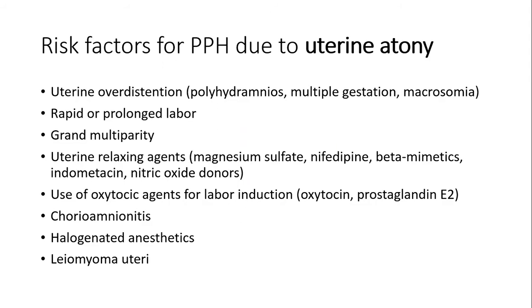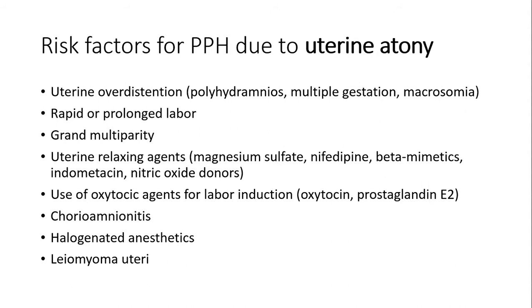What are the risk factors of postpartum hemorrhage due to uterine atony? First, uterine overdistension due to polyhydramnios, because of multiple gestation, twins, triplets, and so on, microsomic fetus. This all may cause uterine overdistension.